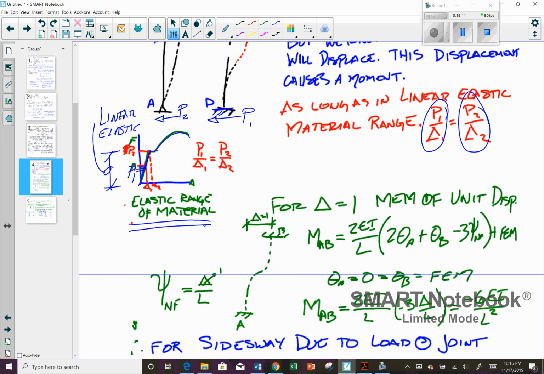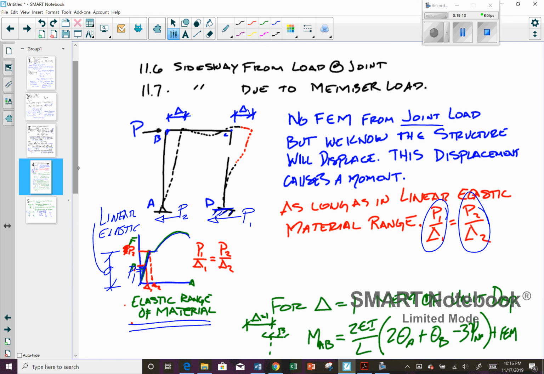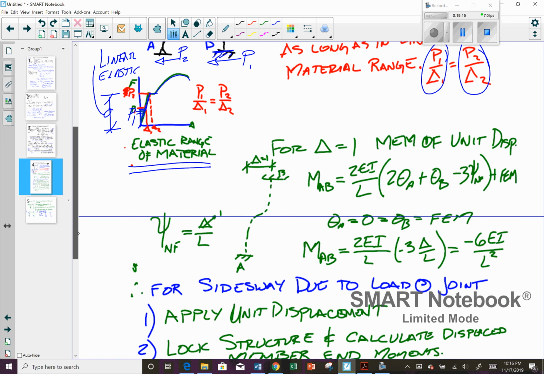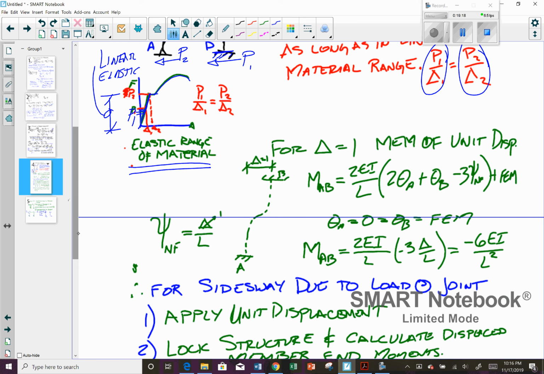Okay, so if we say that our delta here is just a unit displacement, let's solve for that unit displacement. Our thetas, if we're fixed, because we want to do fixed end moments, we're fixed. So for a fixed member with no unit loads, the rotation at that joint is going to be equal to 0.